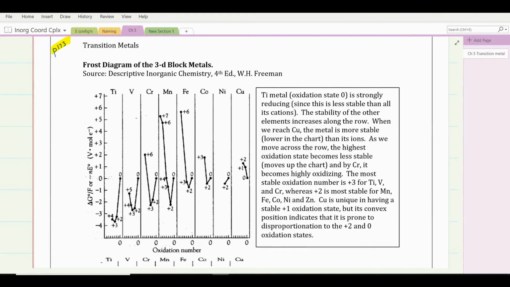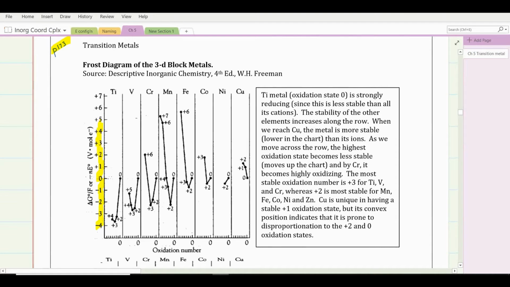Here we have a frost diagram of the first transition series, scandium through zinc. Now, scandium and zinc are not included because they only have one oxidation state, but for those elements that have more than one, they're listed here. Recall that the y-axis represents the energy of a given oxidation state.